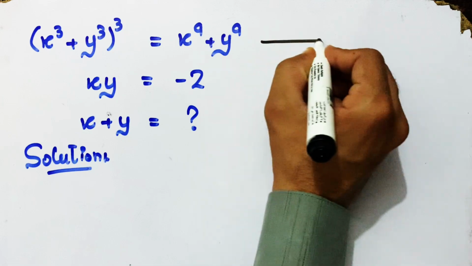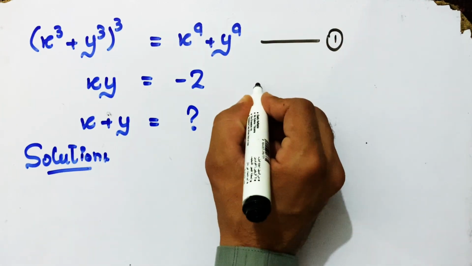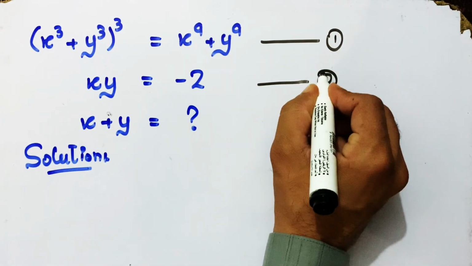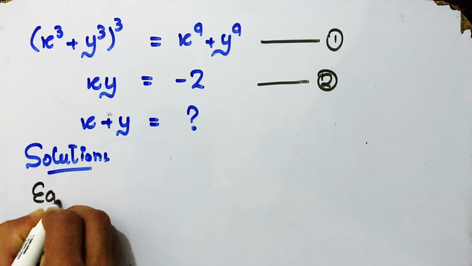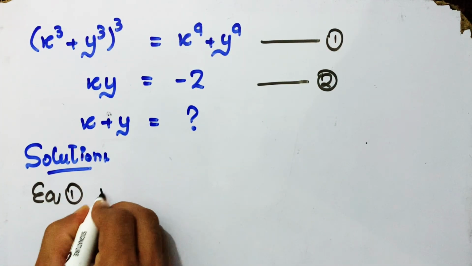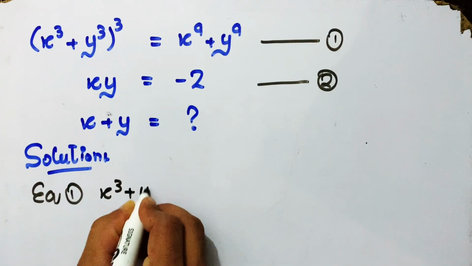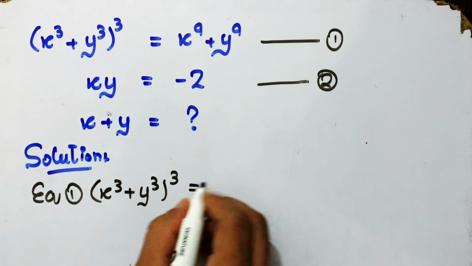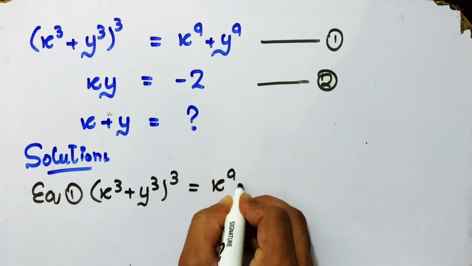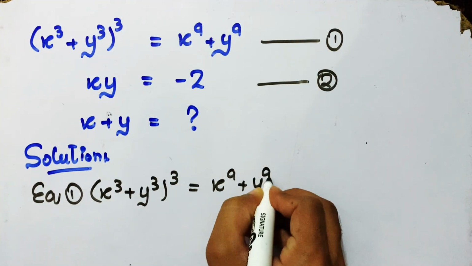I am calling the first equation number 1 and the second equation number 2. So equation number 1 is (x cube plus y cube) whole cube equals x power 9 plus y power 9.